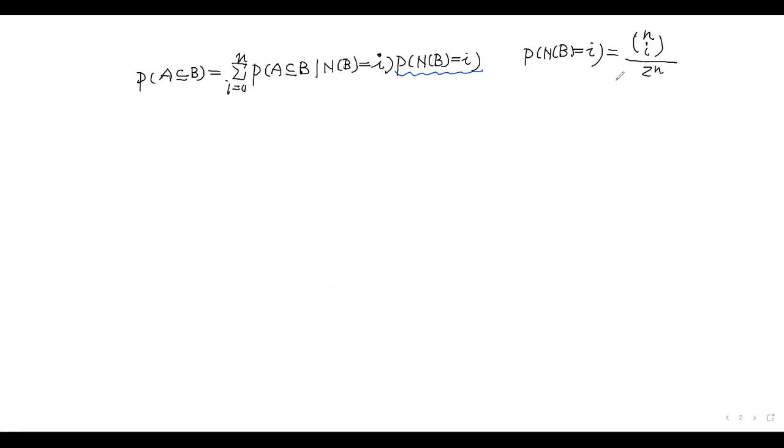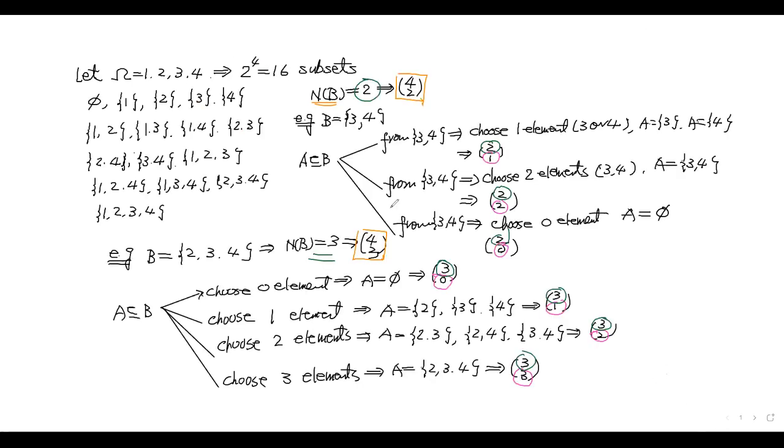Okay, and now let's take a look at this probability. We just demoed this in the previous one. You can write this as, if you go back here, when NB equals 2 you add up 0, 1, 2, and when it equals 3 you add up 0, 1, 2, 3.